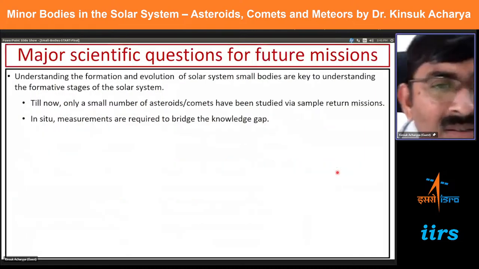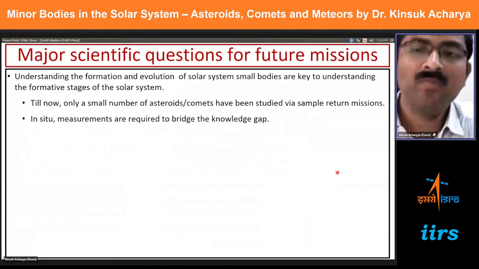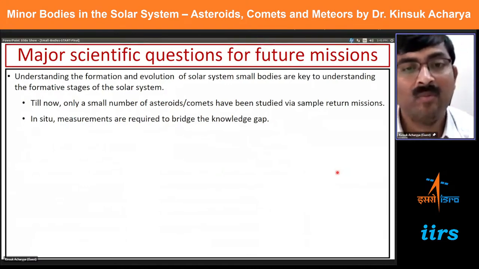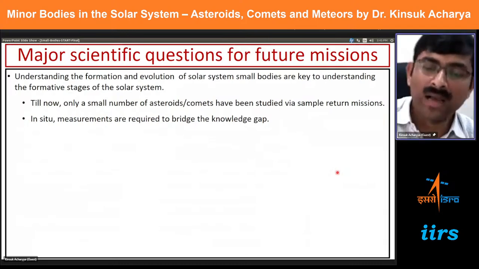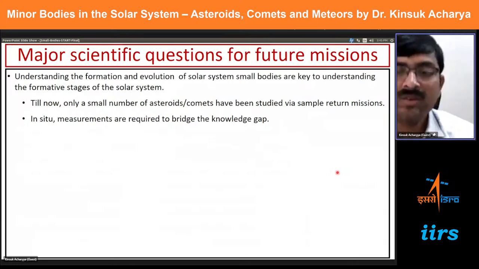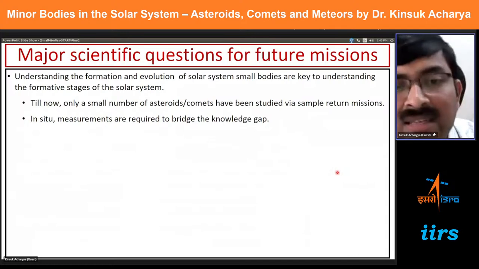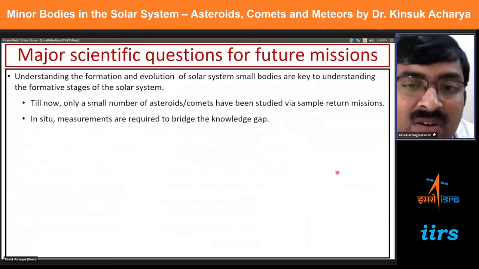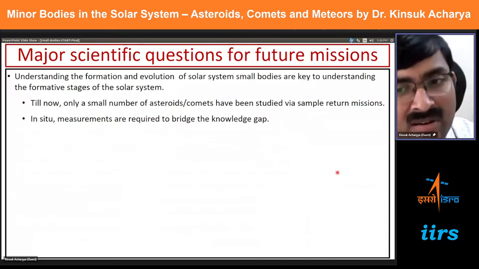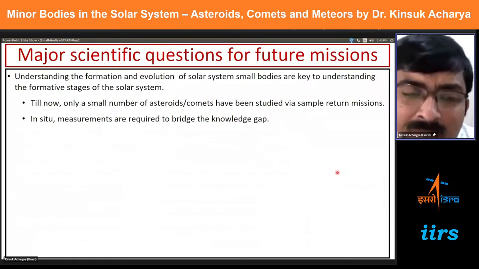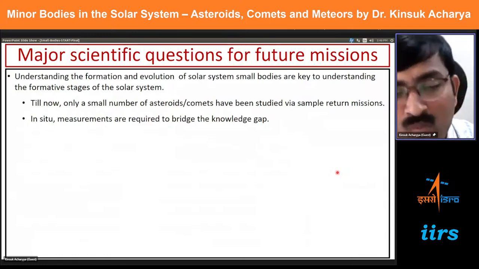Now let us talk about some of the unsolved problems so far. As I have already said, we already have evidence that large-scale mixing of this material happened in the protoplanetary disk. But the number of samples we have found so far is very small.